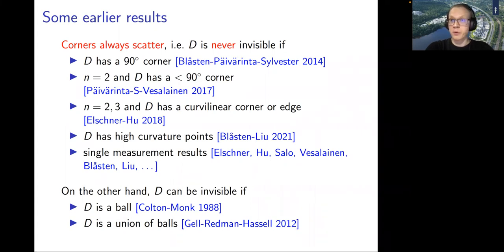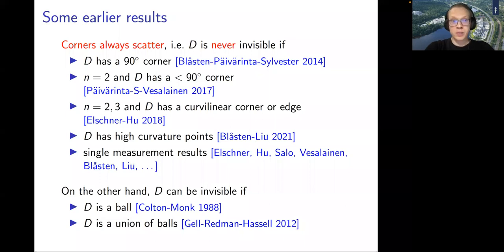It's a very nice paper with many interesting ideas. The result was that if the obstacle D has a 90-degree corner, so part of D is part of a cube, a very rigid type of 90-degree corner, then this obstacle D can never be invisible for any contrast or for any incident wave.